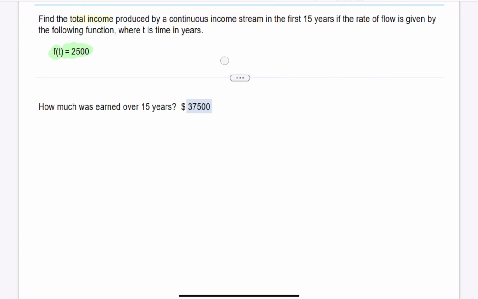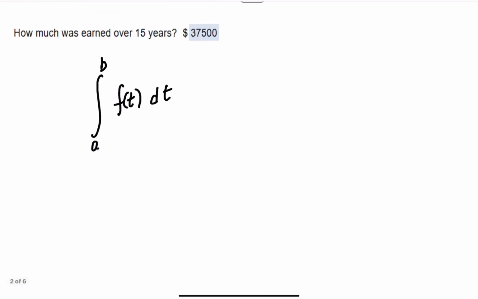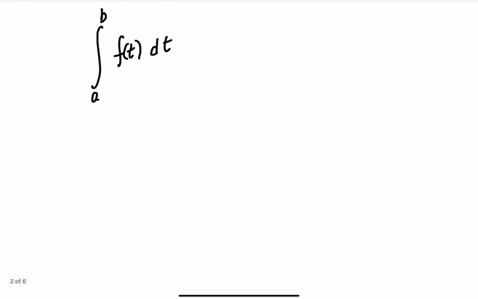You know what? Let me write this here. It's going to be integral a to b f of t dt. Now, what is my f of t? My f of t here is 2,500. So it's going to be integral a to b 2,500 dt.